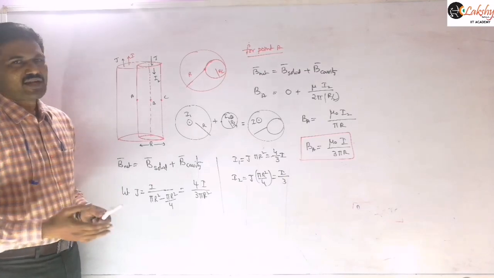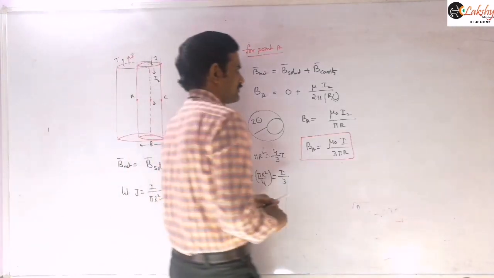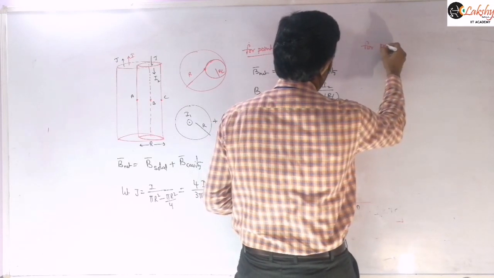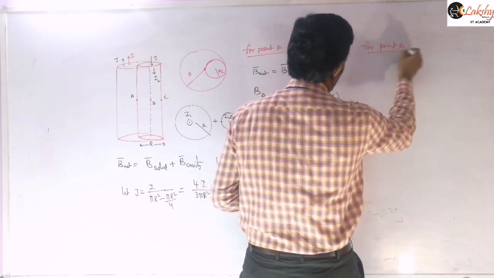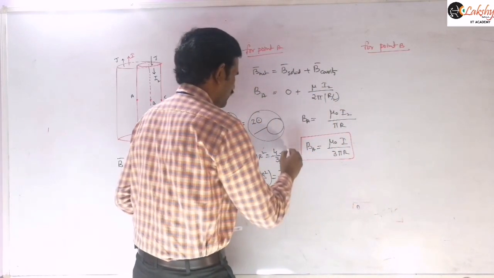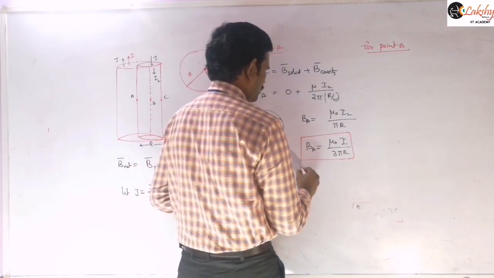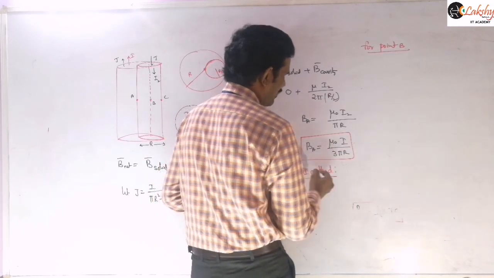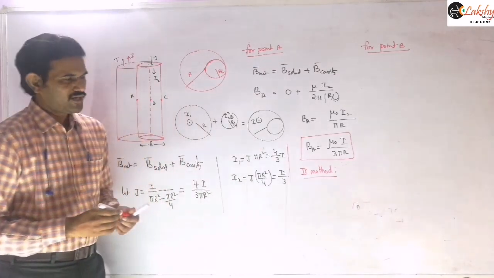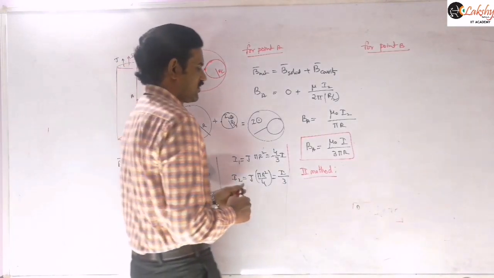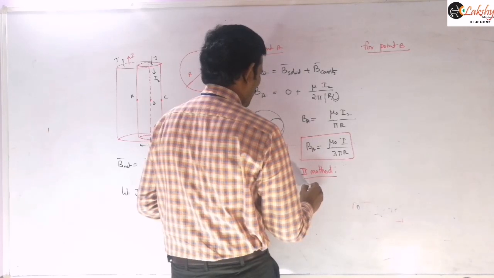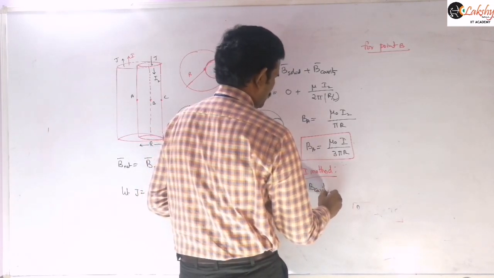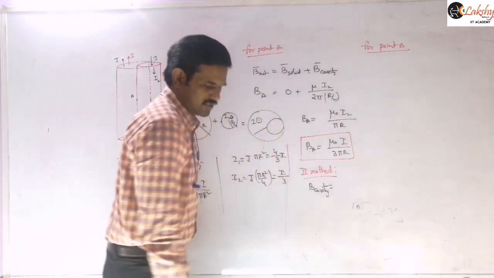And next, similarly, let us calculate at the point B. So for point A, that was the direct method. For point A, I am now writing the second method. If you want to write our second method, we can use the magnetic field inside the cavity.